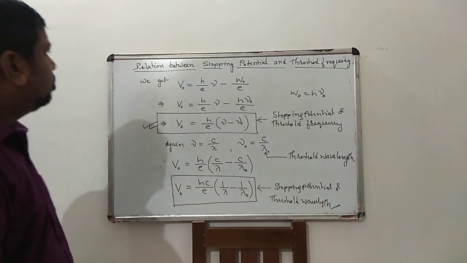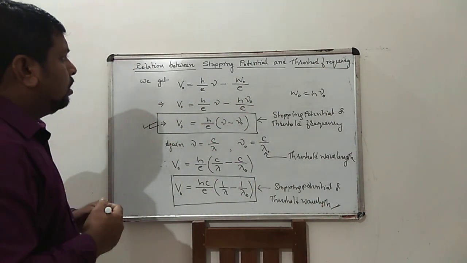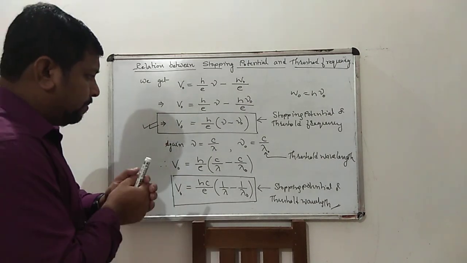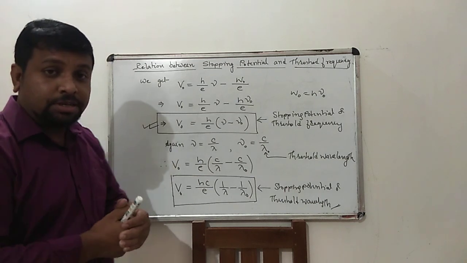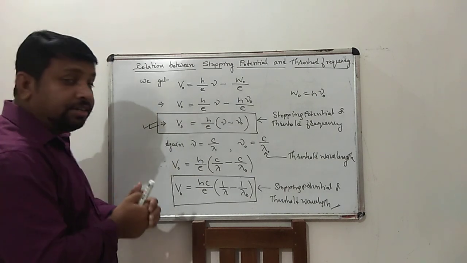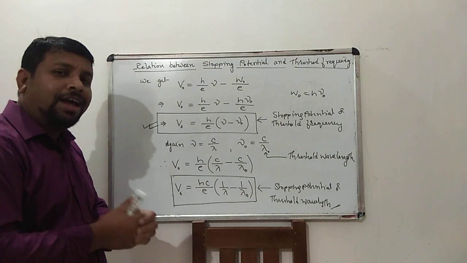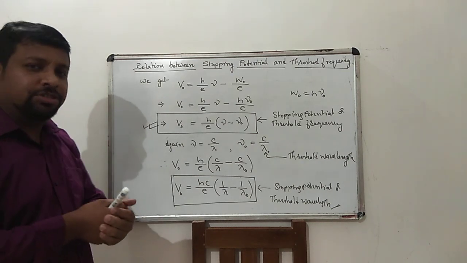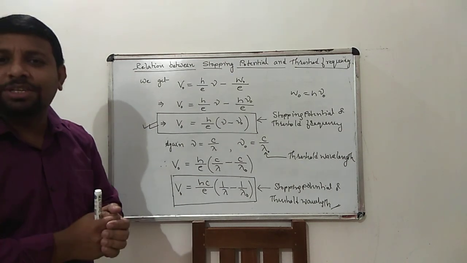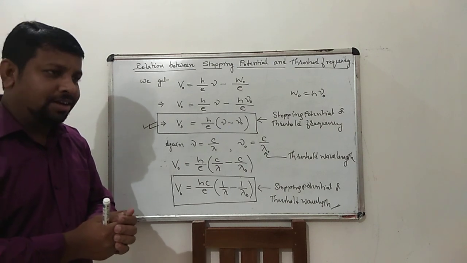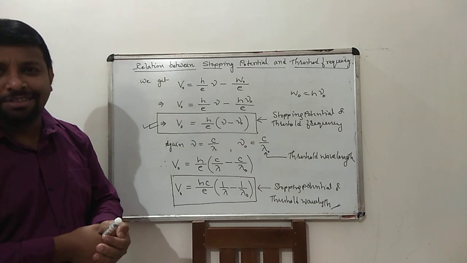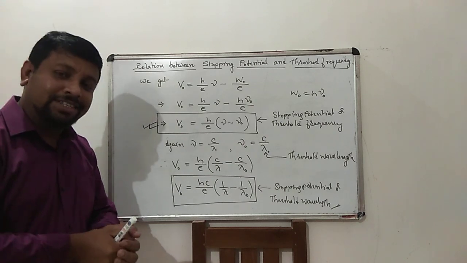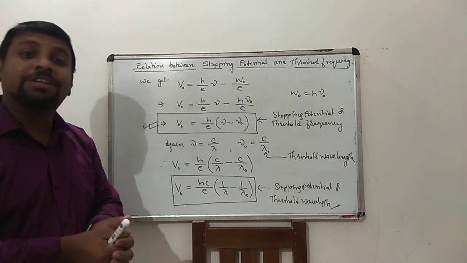Okay, so these are the different relations of the quantities related with Einstein's photoelectric equation. Okay, so in the next class we discuss the most interesting part, which is known as de Broglie's hypothesis. That means we discuss matter waves. Okay.